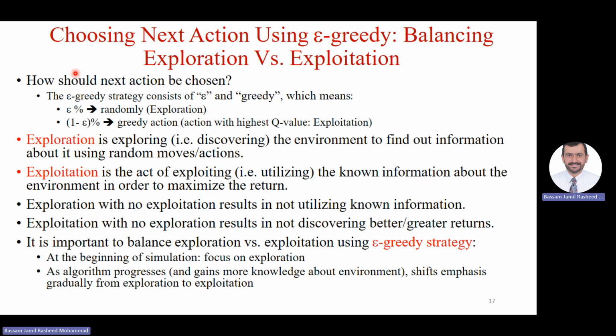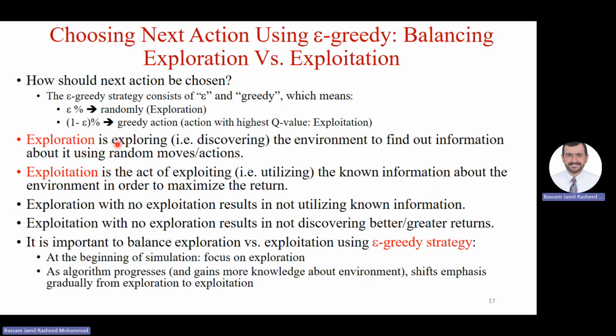So if epsilon in my algorithm is 90%, then 90% of the time I will take a random action, and the other 10% I will go for the greedy action, which is to take the action with the maximum reward.